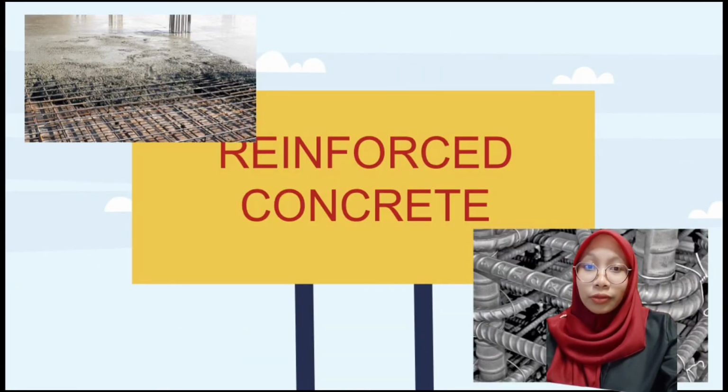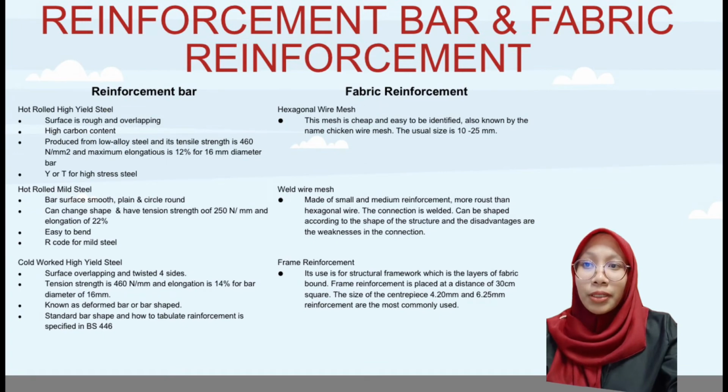Reinforced concrete: reinforcement bar and fabric reinforcement. Types of reinforcement bar: hot roll high steel. First, the surface is round and overlapping. Second, high carbon content. Third, product from low alloy steel.